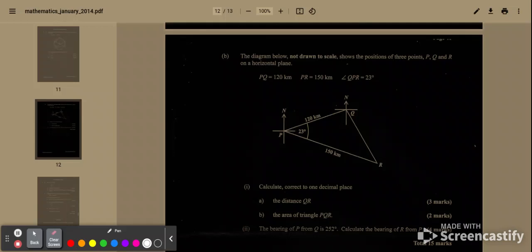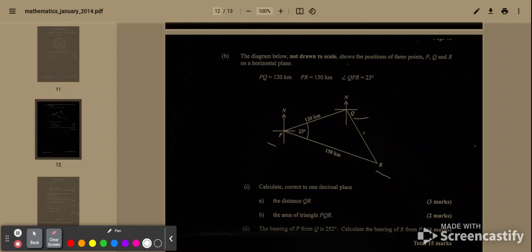It's on trigonometry. So let's begin. It reads: the diagram below, not drawn to scale, shows the position of 3 points, P, Q, and R, and it lies on a horizontal plane.